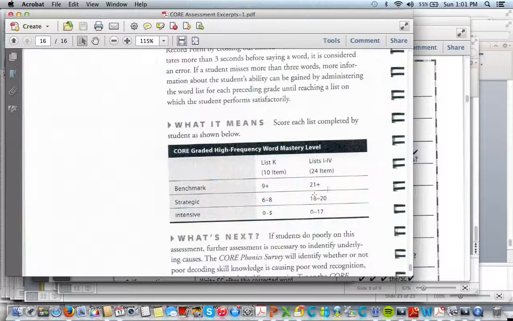And benchmark is similar to the independent reading level on the other list. If they got 18 to 20 correct, that's their strategic level. And if they got 0 to 17 correct, that's an intensive level. So benchmark is similar to independent, strategic is similar to instructional, and intensive is similar to frustration level.